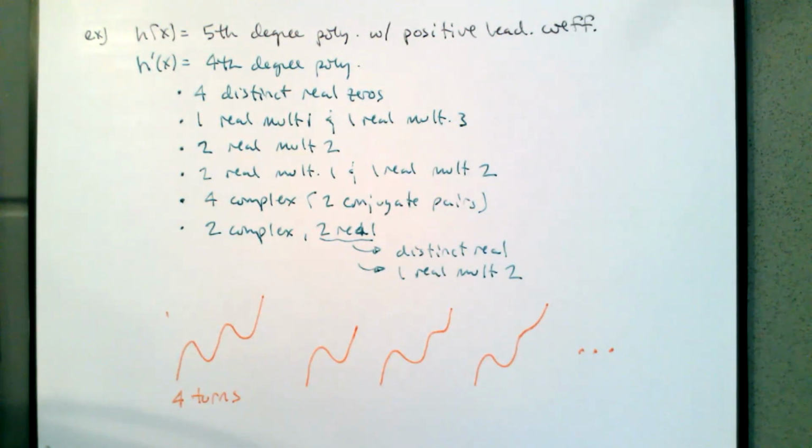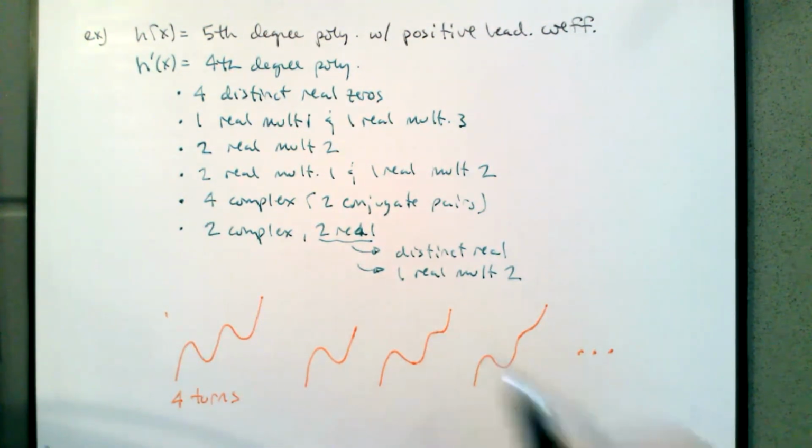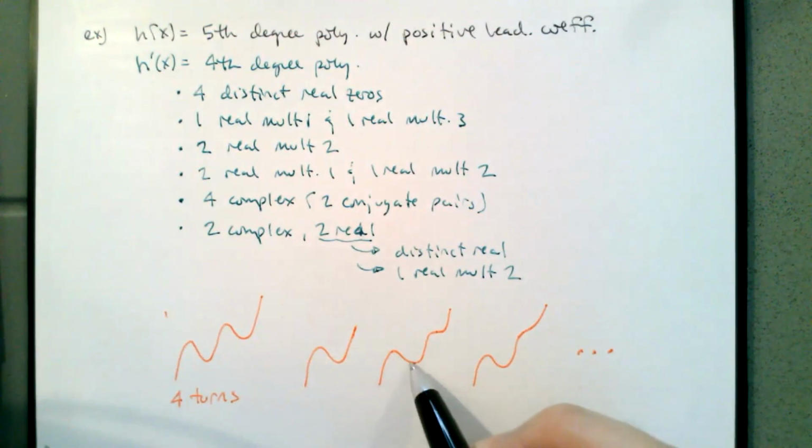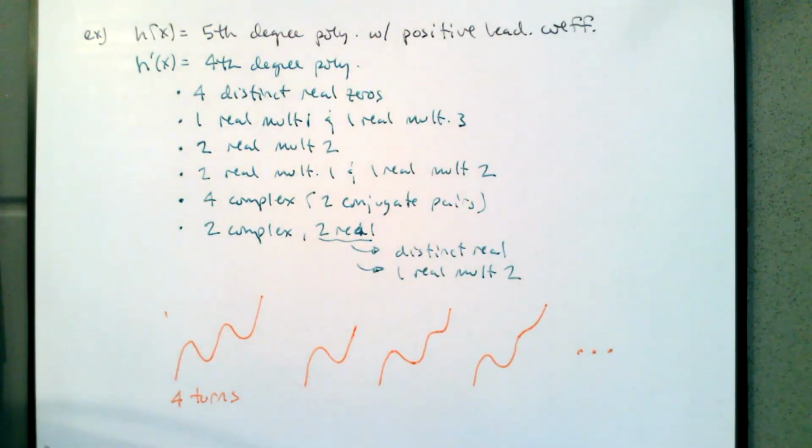And then the third graph, how many turns is this one? There's only 2 turns, but there's 2 turns with a flat point. So that would be 2 critical points. No, there's 3 critical points. Places where the graph is flat are critical points. Even though it's 2 turns, it could have 3 critical points.